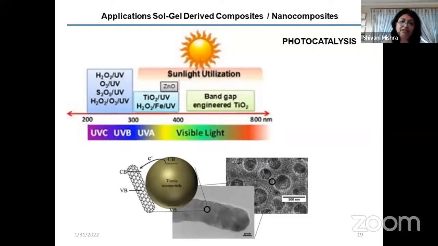What we have to do here, using sol-gel technology, is functionalize this titania. We incorporate different materials like rare earth materials or transition metals, so that these metals can introduce further energy levels, and we can overcome limitations like the rate of recombination and electron-hole pair separation, and also the titania itself can be functional from 200 to 800 nanometers of the electromagnetic spectrum.